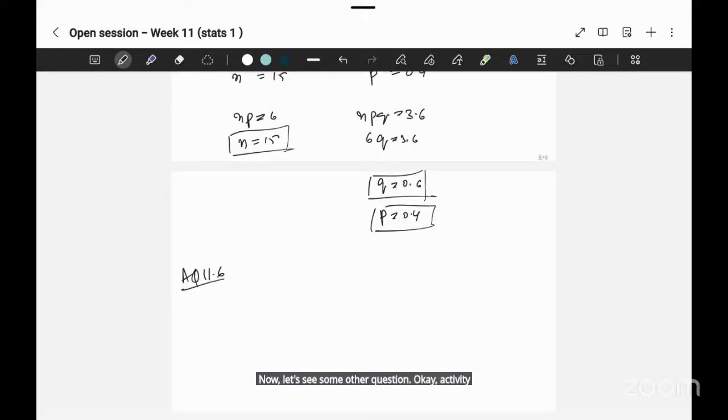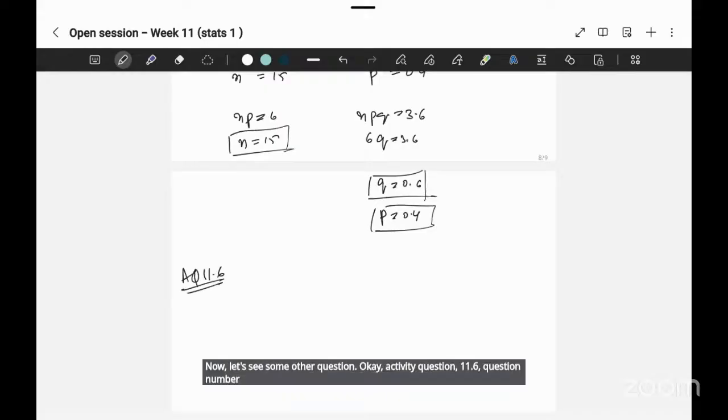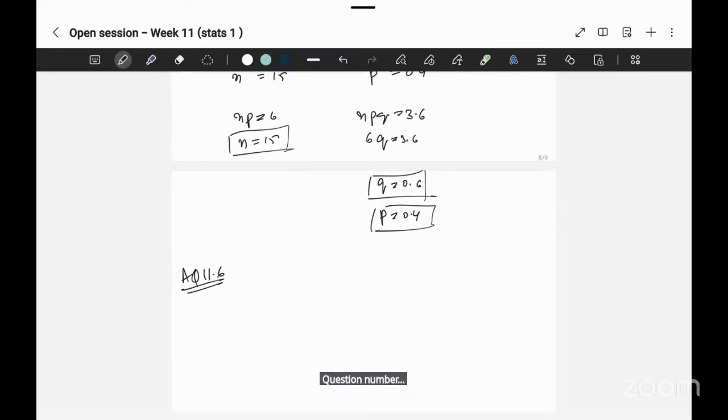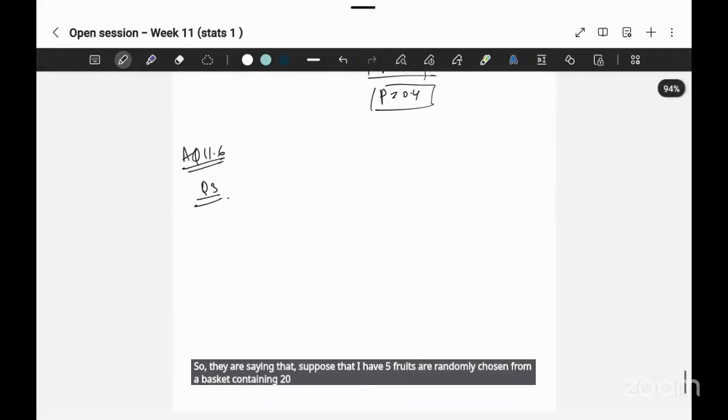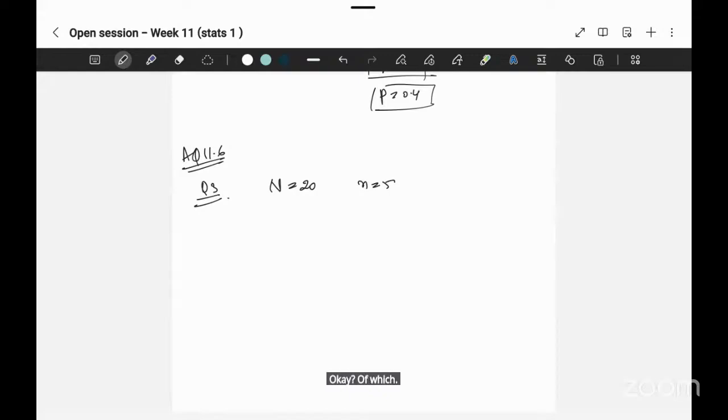Activity question 11.6, question number 3. Open activity 11.6, question number 3. They are saying that 5 fruits are randomly chosen from a basket containing 20 fruits. So that means my capital N is 20 and my small n is 5, of which 16 are good and 4 are rotten.